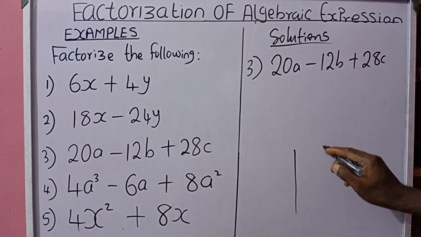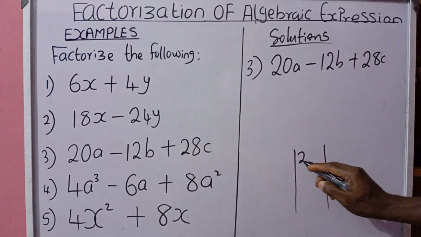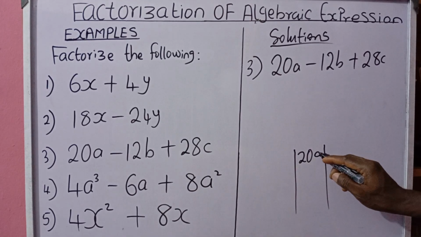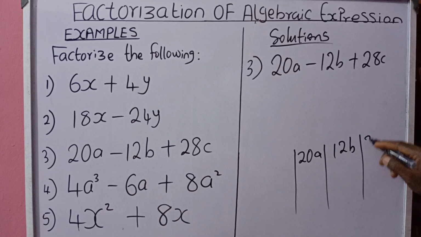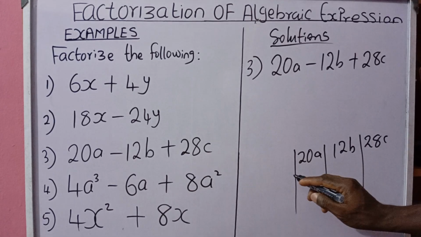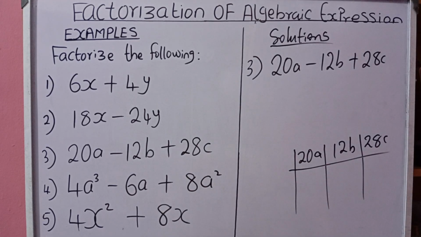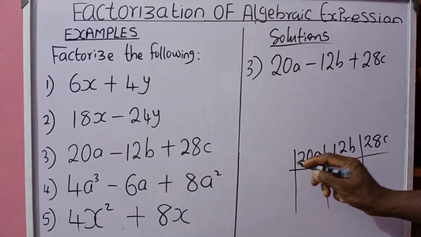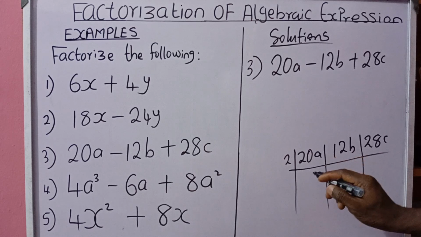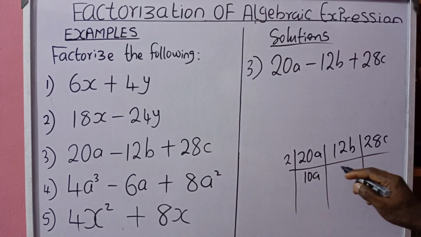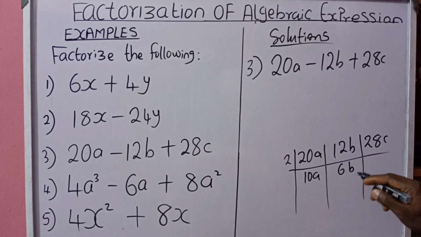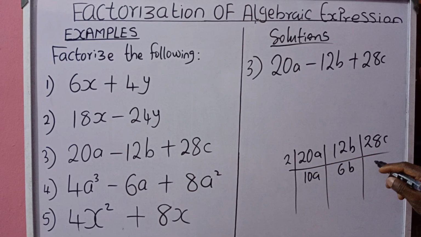Let's get the HCF. 2 can divide all through. 2 divide 20a will give us 10a. 2 divide 12b will give us 6b. 2 divide 28c will give us 14c.